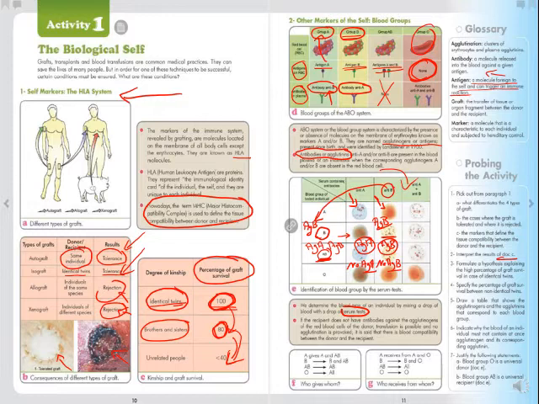If you have antibody A, there is no antigen A. If you have antibody B, there is no antigen B. So it's called the universal donor. Blood group O individuals can donate to all blood groups. While blood group AB contains no antibodies, so it's called a universal recipient.